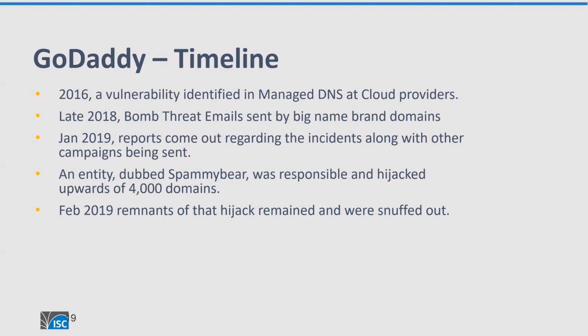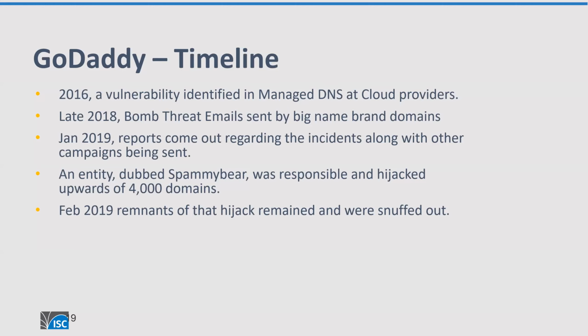So in 2016, there was a list of vulnerabilities talking about managed DNS at cloud providers, and this was related to Open Exchange, DigitalOcean, Rackspace, Amazon. They were all having this issue, and it is assumed that this problem was also happening within GoDaddy.